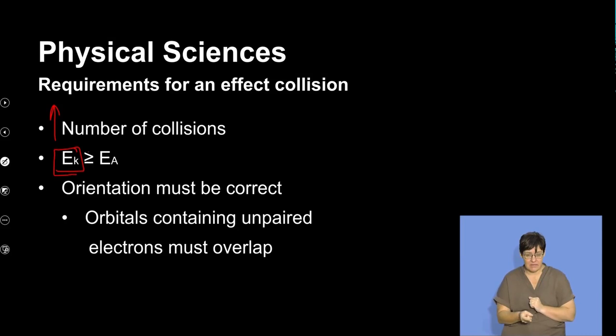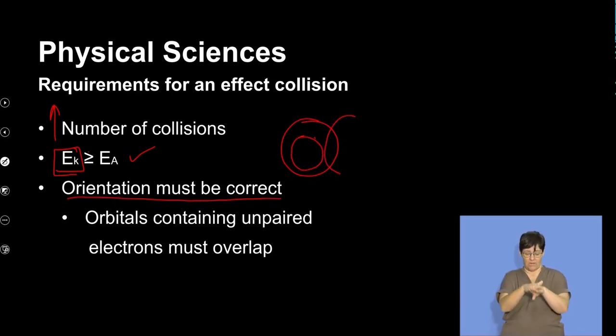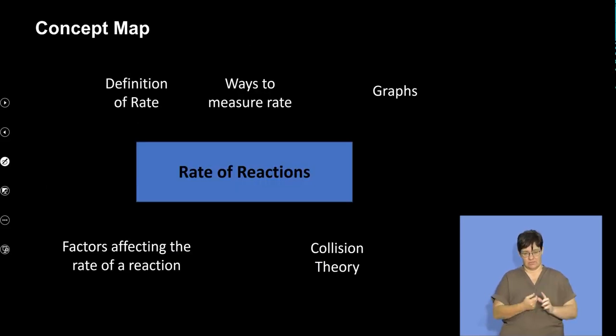If that happens, there might be product, but there's something else that we need. We need the correct orientation. In other words, if hydrogen and oxygen are now overlapping and your unpaired electrons overlap with their orbitals, we have just the correct orientation for it to happen. And that will lead to an effective collision.